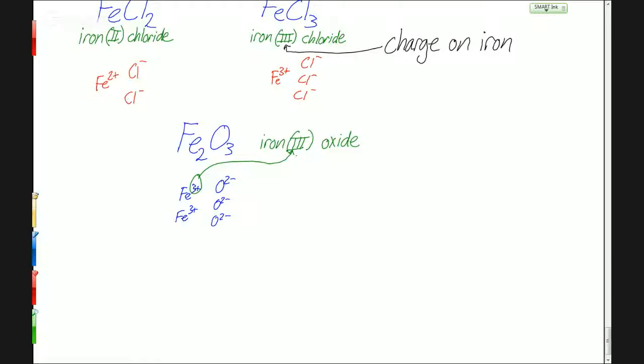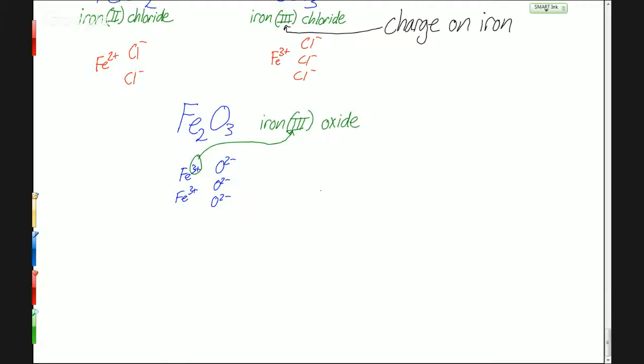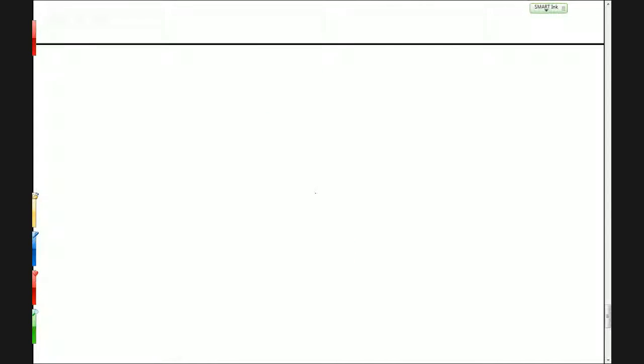So let's do some practice. I'm going to give you a couple different, if you have a periodic table or if you have one of these pocket telephones that you can look at the internet, you might want to pull one up so you can have some of these names.